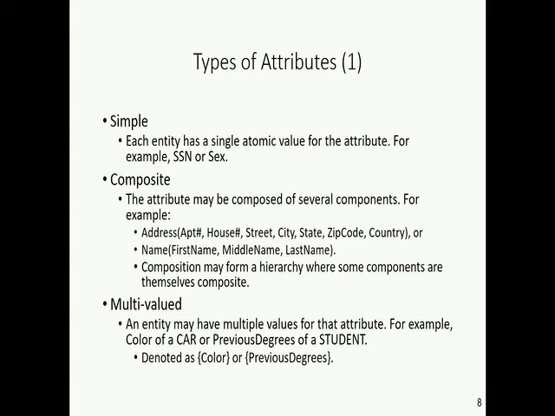Not to worry about. Composite means that the attribute is composed of several components. So in our example here, we have address being apartment number, house number, street, city, state, zip code, country. Name has first name, middle name, last name. So we could have a hierarchy.